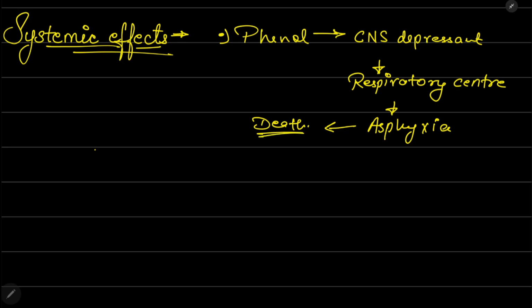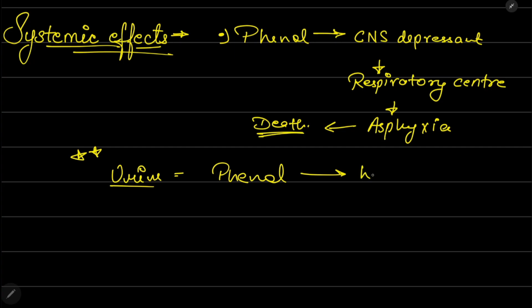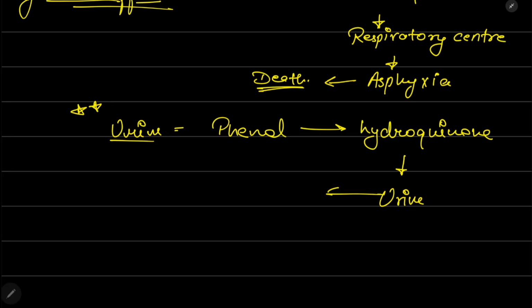Now, for urine formation, it's a very important point, a double star mark point. In our body, phenol is oxidized into hydroquinone, and this hydroquinone is then excreted in the urine. But further oxidation can cause the urine to convert into a green colored pigment.